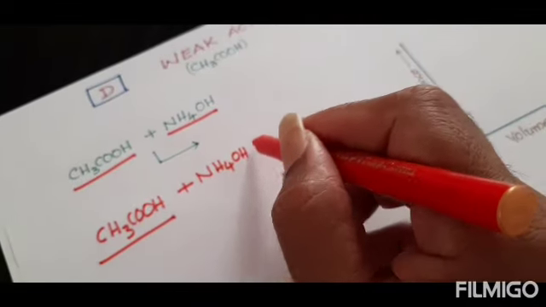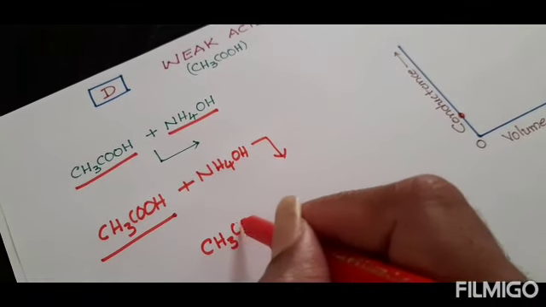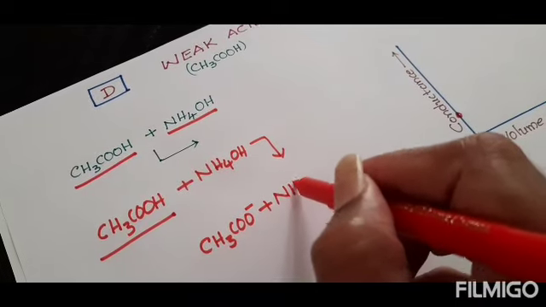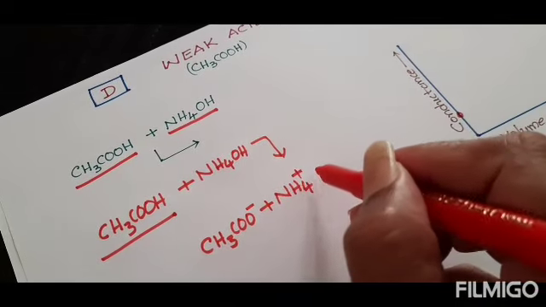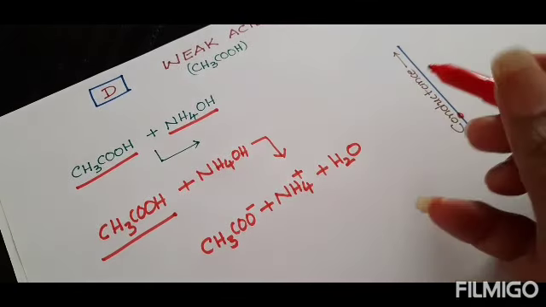What happens? Salt is formed, CH3COO minus plus NH4 plus. Salts are always in the ionic form in the aqueous solution, and water.